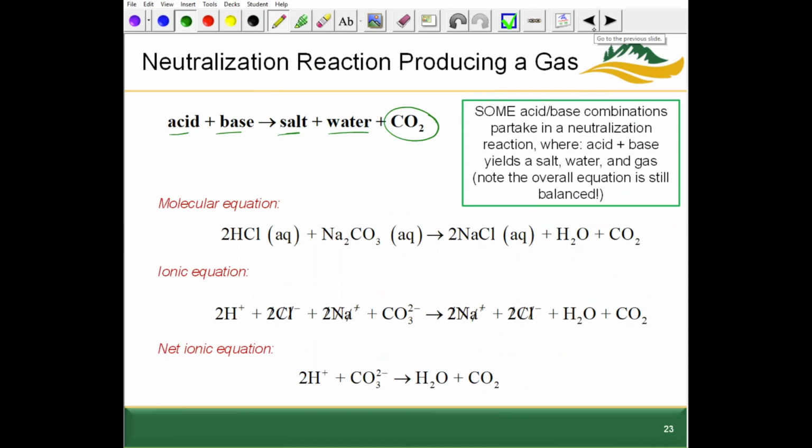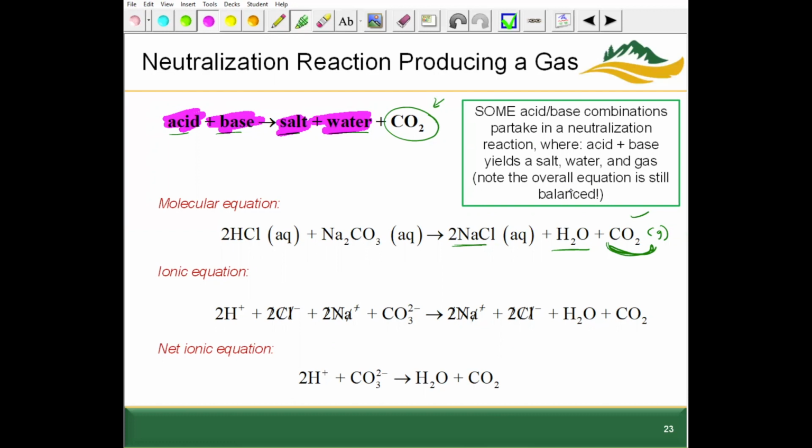So now some neutralization reactions can produce a gas, so carbon dioxide. So here we have our salt and water, as well as carbon dioxide on our product side. This should be noted as a gas. So this can happen with acids and bases. No matter what we're doing here though, we're still gonna form a salt and water with the addition of an acid with a base.